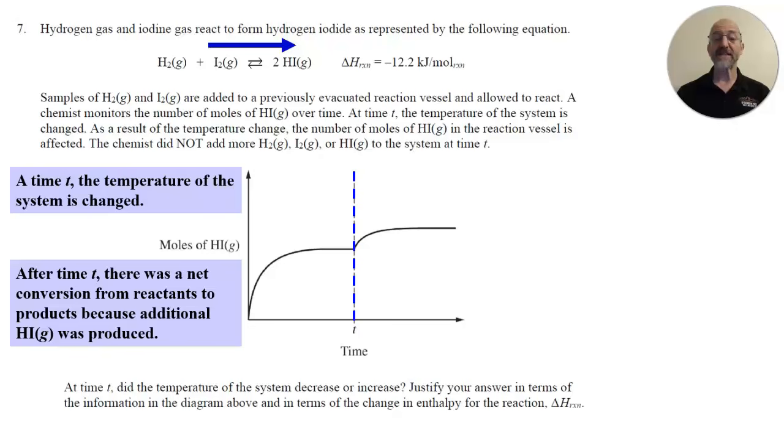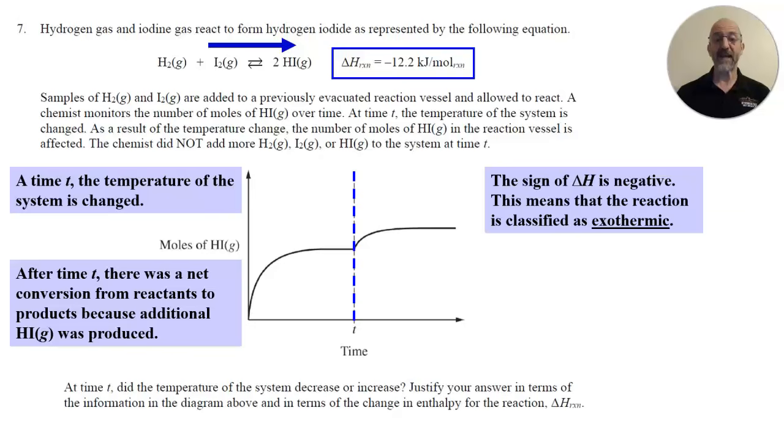And what about that sign of delta H? Now, earlier, we saw that the sign of delta H was positive and the reaction was classified as endothermic, but here in question 7, we can see that the opposite is true. The sign of delta H is negative, and so that means that this reaction is classified as exothermic.